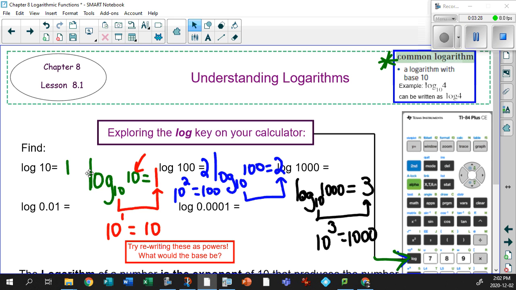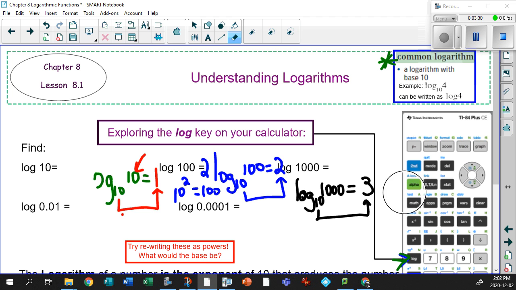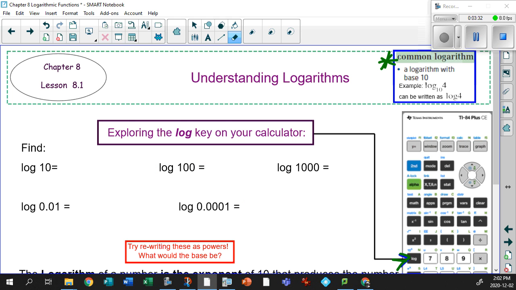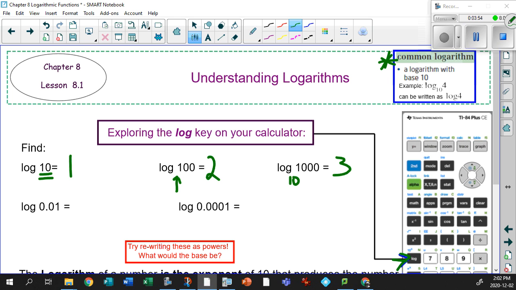With that in mind, let's get rid of all of this stuff and see if we can start doing this in our head. 10 to the power of what gives me 10? 1. 10, which is the base, to the power of what gives me 100? 2. 10 to the power of what gives me 1,000? 3.